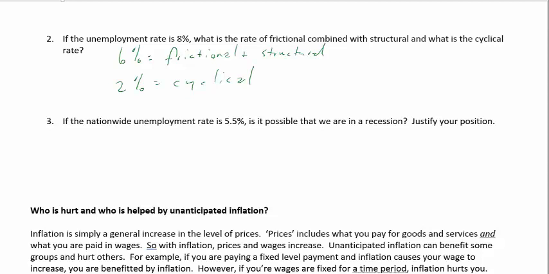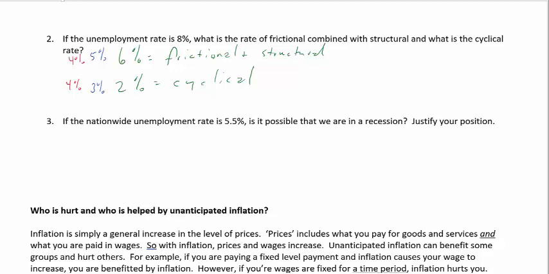If, however, we used 5% as the natural rate, then 5% would be the answer for frictional and structural, and then this would be 3%. Or if we used 4% as our natural rate, then 4% here and 4% here. So you'd have to be told what the natural rate is. If you're not told, just use 6%. That's a pretty decent amount.